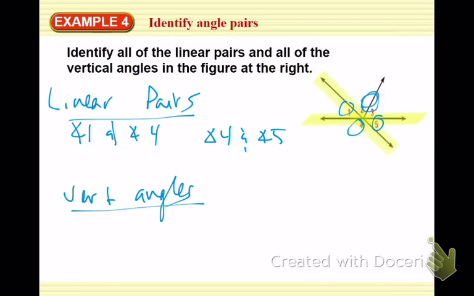Remember that these are angle pair relationships, so we just need 2 angles. So angle 1 and angle 5 are your verticals. And that's it. So hopefully that helps you realize linear pairs and vertical angles, or vertical pairs.